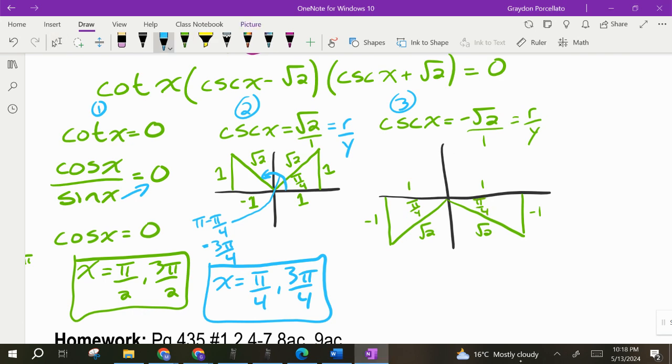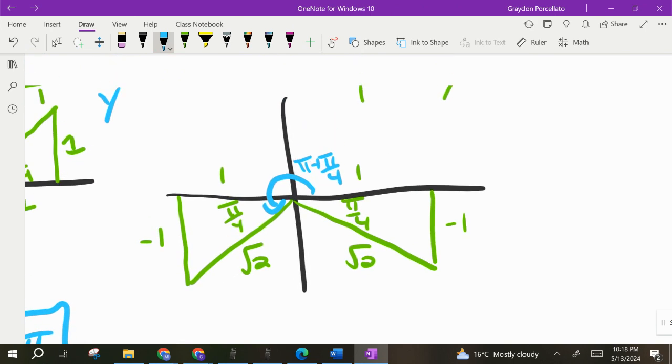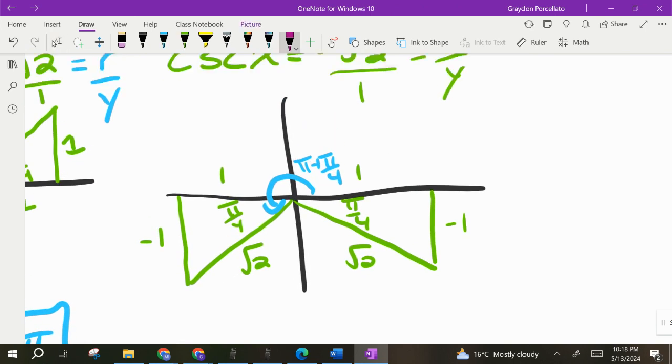My first one, this angle here is going to be pi plus pi over 4. And then my other angle here is going to be 2 pi minus pi over 4.